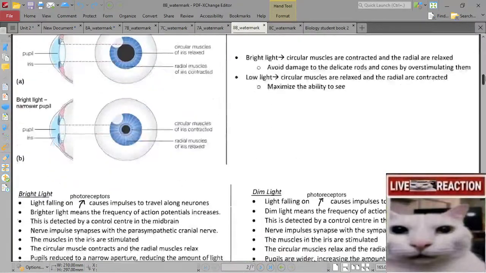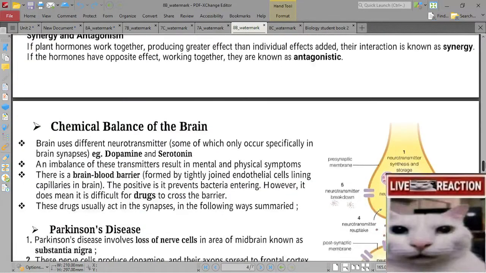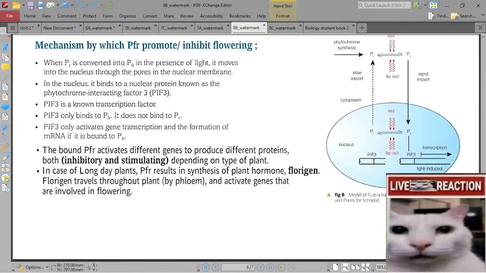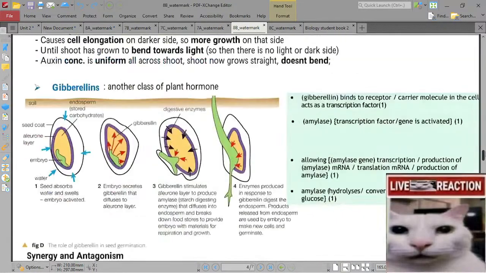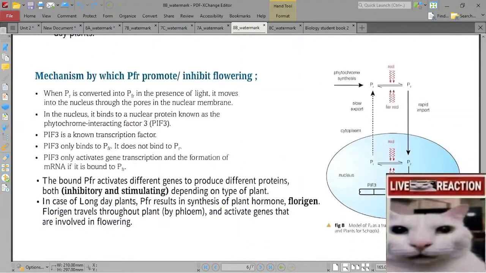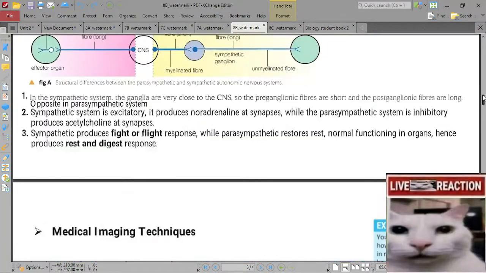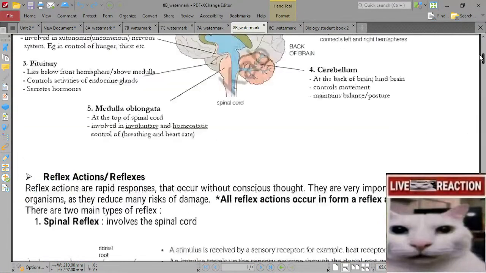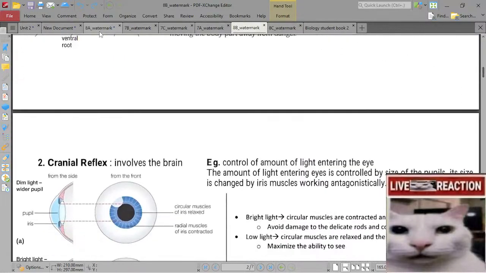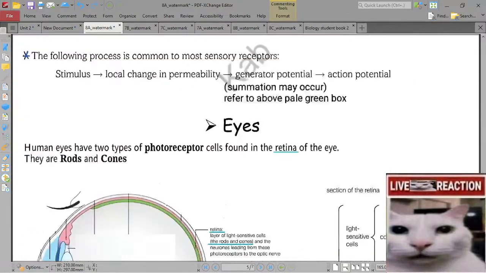Because that also talks about, it's not really homeostasis, but reflex arcs, so it's the subconscious stuff. Yeah, PFR. Wait, no, PFR is in plants. Where's the eye one? It's cranial reflex. Where's the cone cells and stuff? Forgot what it was exactly. Ah, there you go.